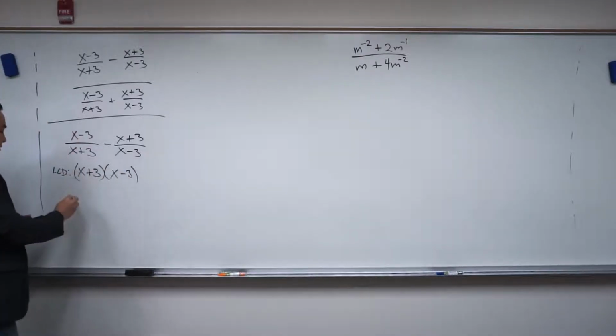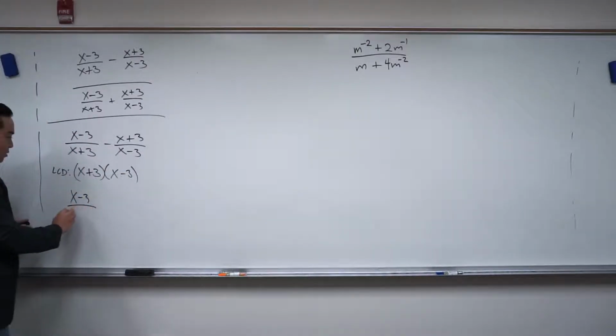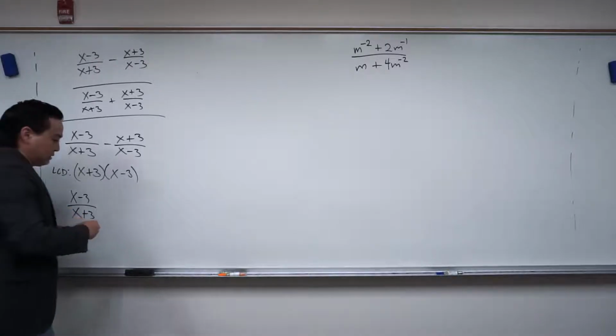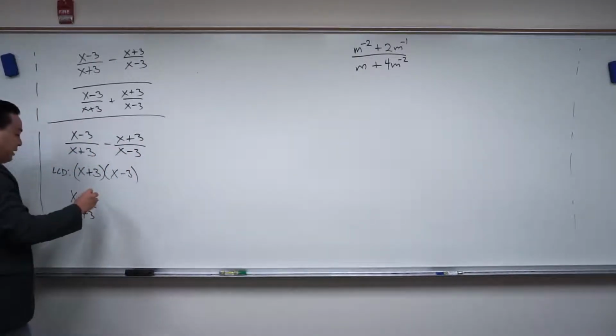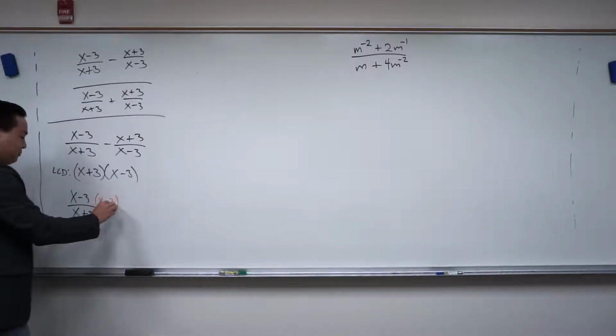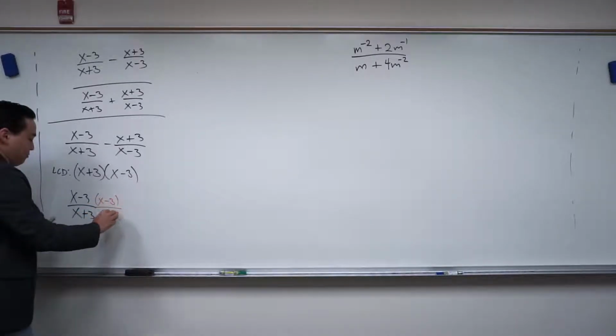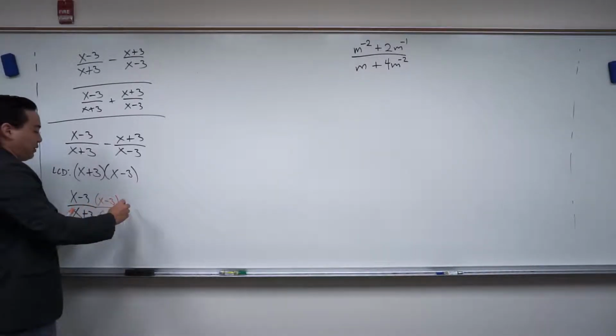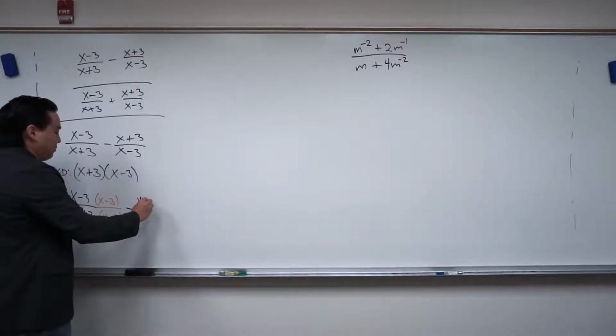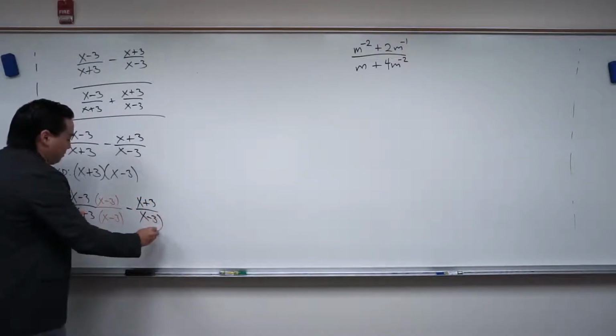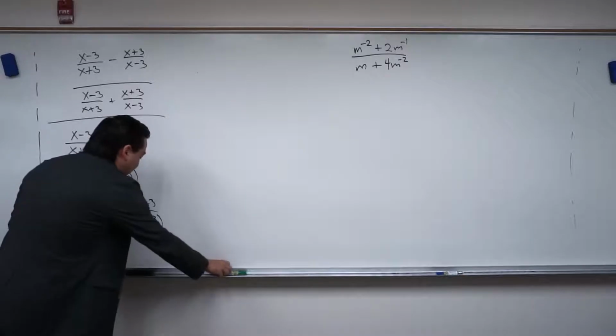So what I'm missing in the first one is going to be x minus 3. And then what I'm missing in the second one is going to be x plus 3.